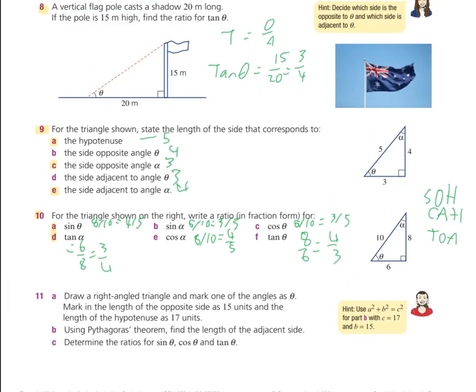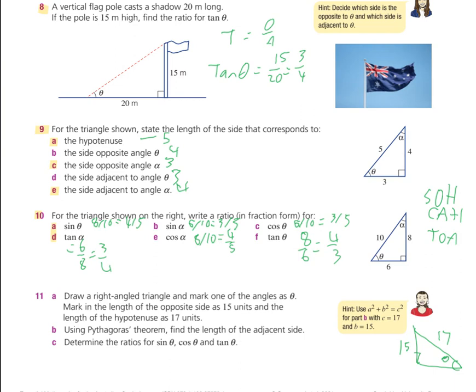Okay, draw a right angled triangle, mark one of the angles as theta. So if I do a right angled triangle, and I'm going to make that one my theta. Mark the length of the opposite side as 15, and the length of the hypotenuse as 17. Use Pythagoras to find the length of the adjacent side.